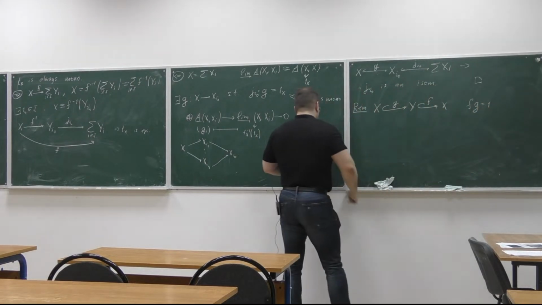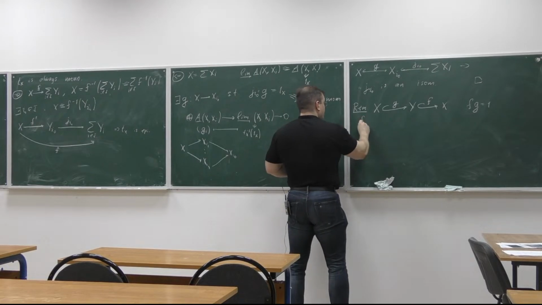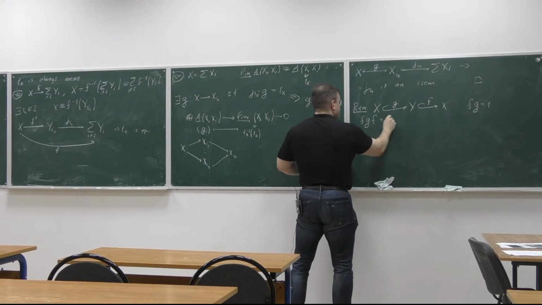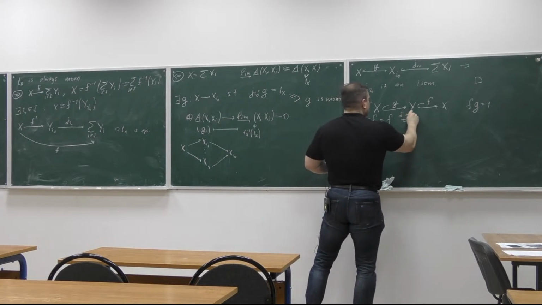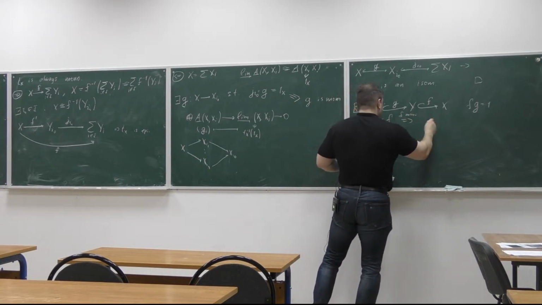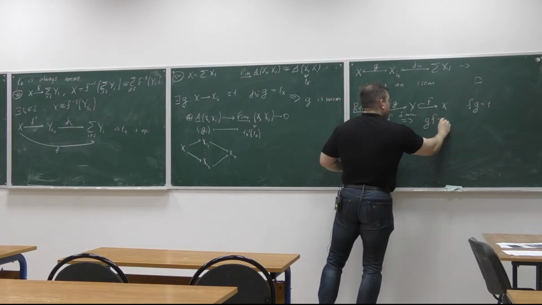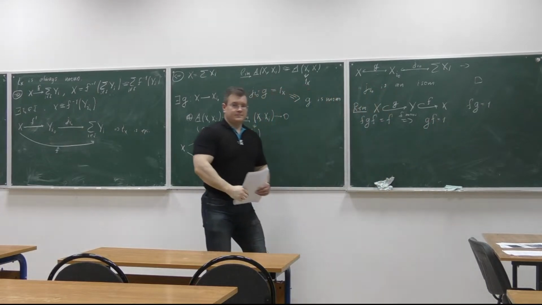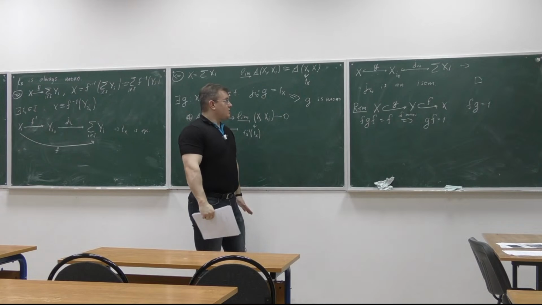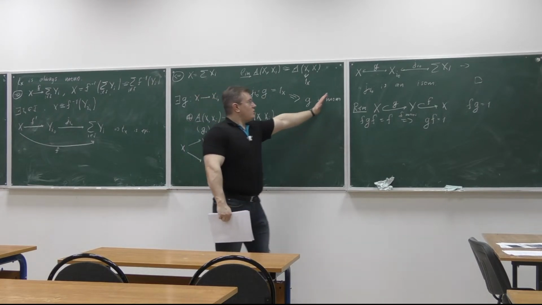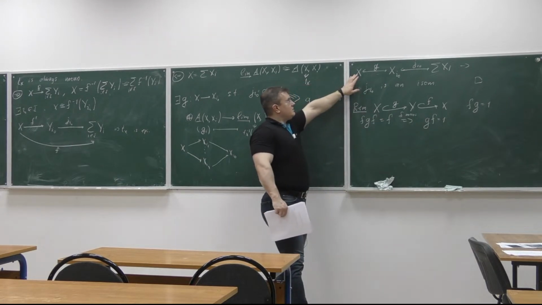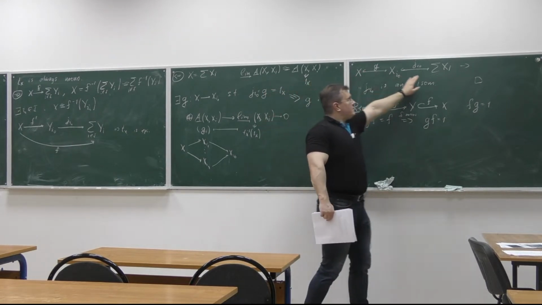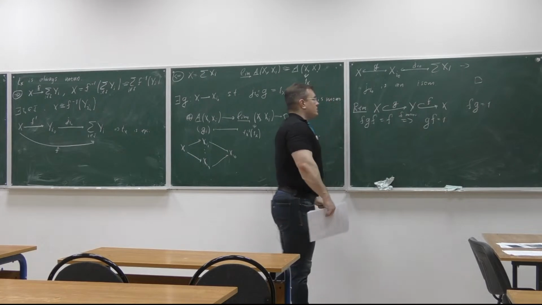Then I take the composition with F, I get FGF is equal to F, and use that F is a monomorphism. So GF is 1. So this very simple argument shows that if you have two monomorphisms and the composition is the identity, then X and the sum of x_i are the same object.